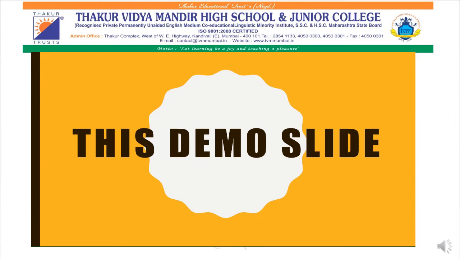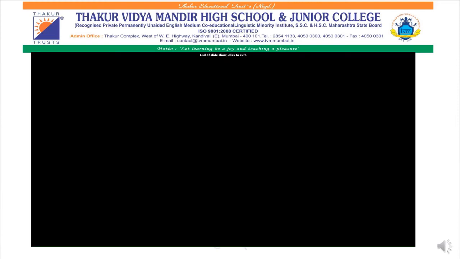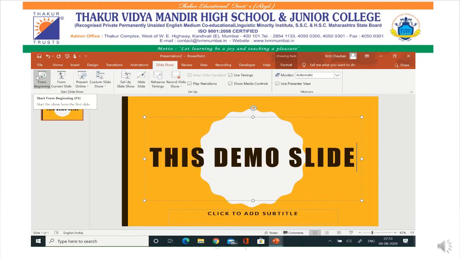Until and unless I press enter, this slide won't move from the screen. As soon as I click, the slide will move away from the screen, and if we have more than one slide, then the new slide will appear on the screen.